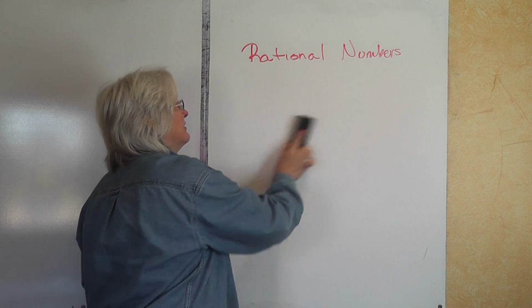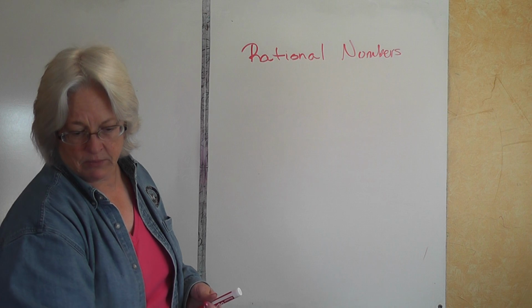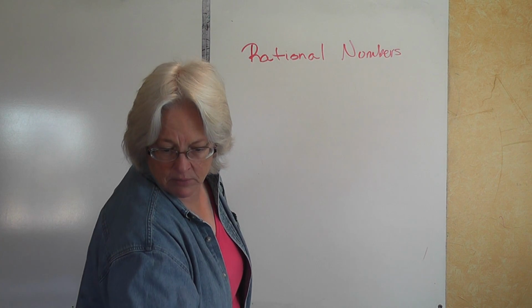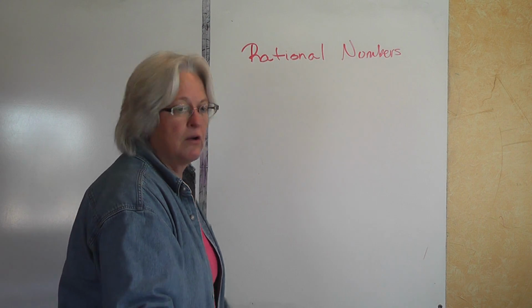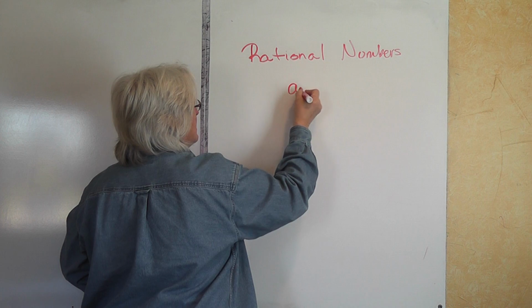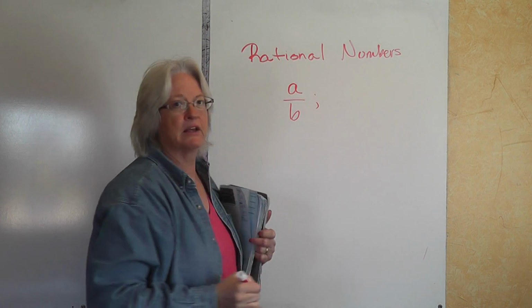We'll go ahead and continue on with talking about what exactly is a rational number. A rational number is any number that can be written in fractional form, where it looks like a over b. And there are two conditions to this.